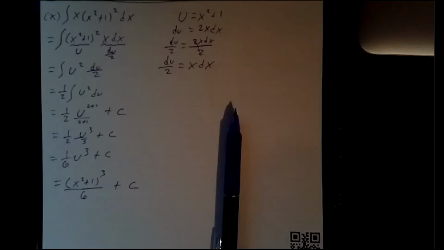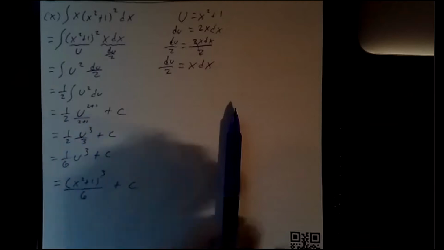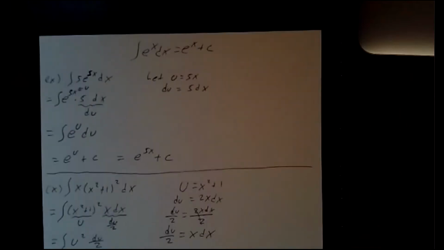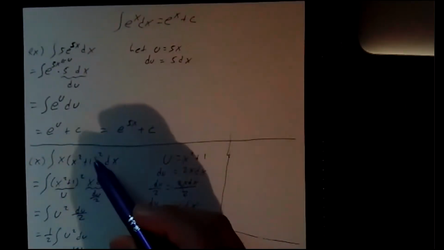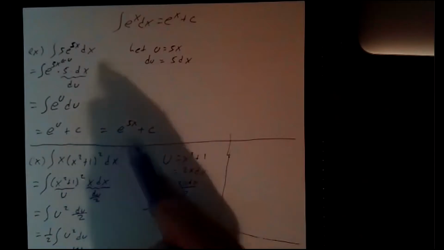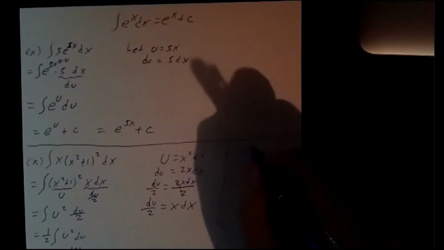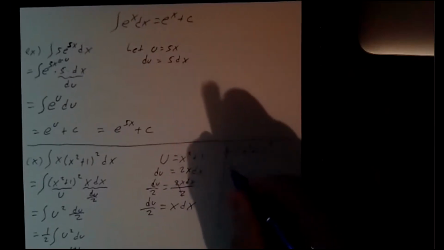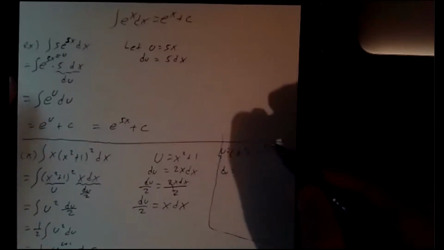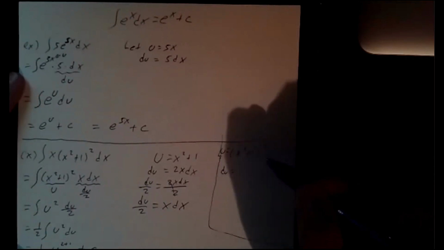If you pick the wrong u, the way you realize it's wrong is by doing this. Let's pretend, I'm just going to do some made up scratch work over here. Let's say I don't know what u should be, so I pick this whole thing. But if I take the derivative of that, I'm going to have to do a chain rule, right?